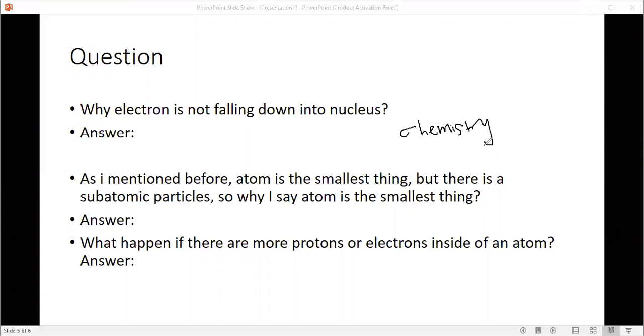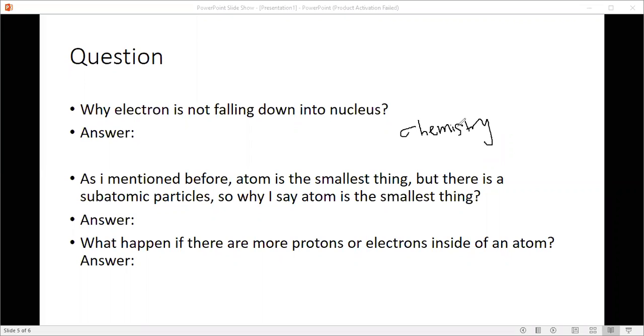If you see from chemistry, atom is the smallest thing. Why? Because atom is the smallest thing that can interact with each other and make chemical reactions.